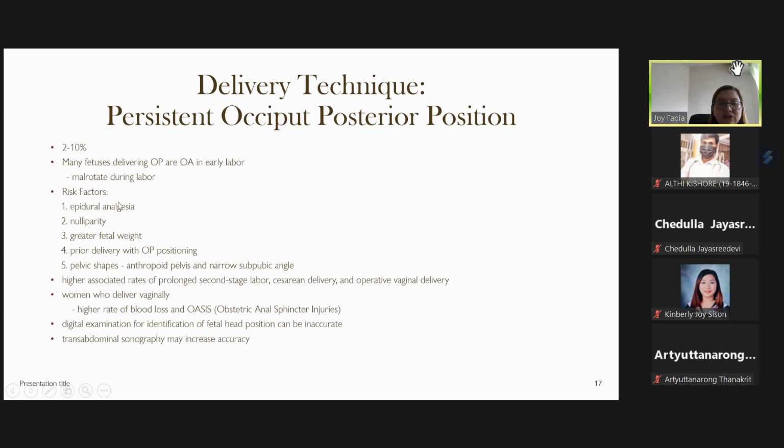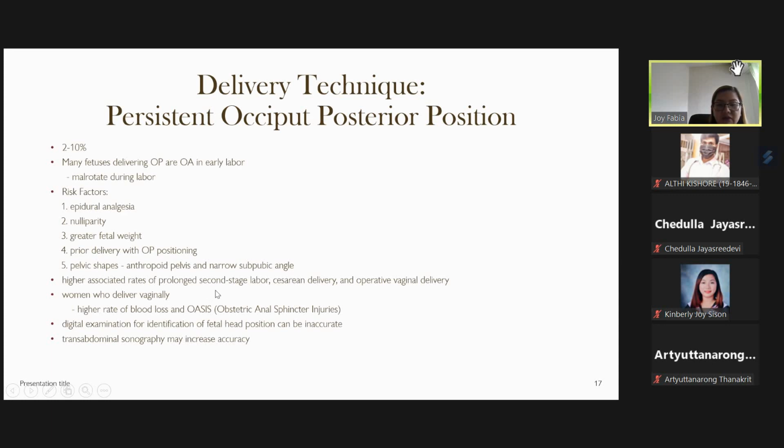What are the risk factors behind this POP? It is due to epidural analgesia, nulliparity, greater fetal weight, and history of OP position in previous deliveries. And again, because of the pelvic shapes, the anthropoid pelvis and a narrow subpubic angle.